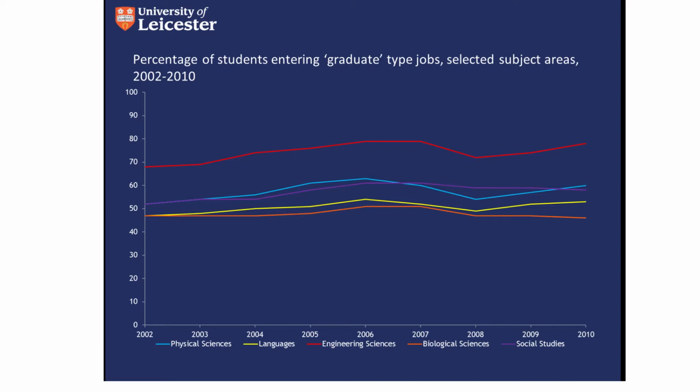So there is a suggestion perhaps that subjects like biology, where more people have gone to study the subject, they're not actually getting the graduate jobs, so there may not be the graduate jobs there for them. So there's that tension between encouraging more and more people to go to higher education and the expectations that they have of securing a good job at the end of it.